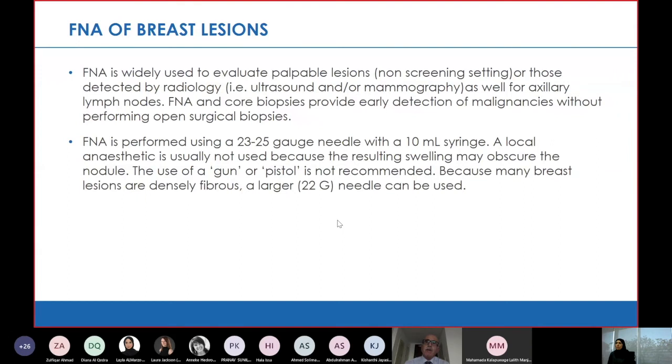But it's very much used for axillary lymph nodes, which is still the main indication for it.